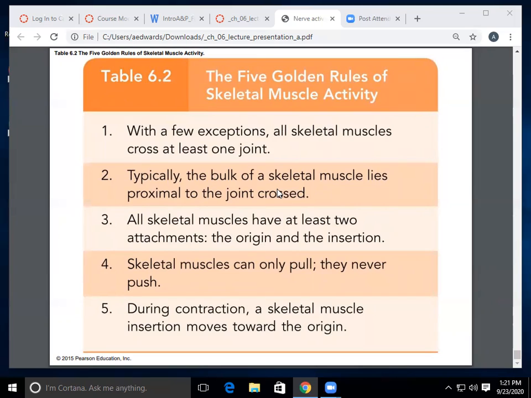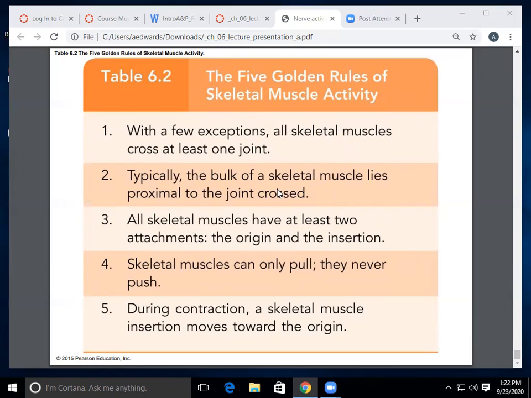Skeletal muscles only pull. They don't push. We might think of ourselves as pushing if we're doing push-ups or bench pressing, but in reality, when muscles contract, the muscle is actually pulling, because you've got an origin and an insertion.